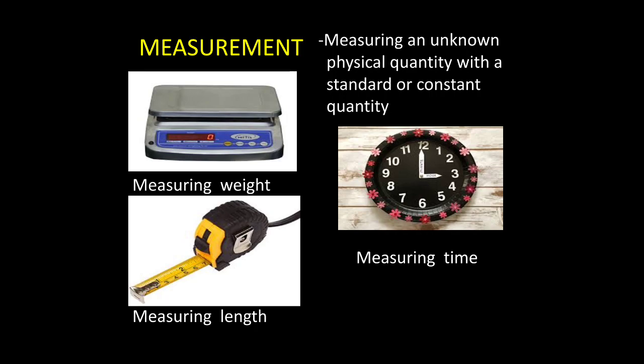But the quantities which are defined in terms of fundamental quantities are called derived quantities, like area, volume, density, speed and force. These are examples of derived quantities, right?